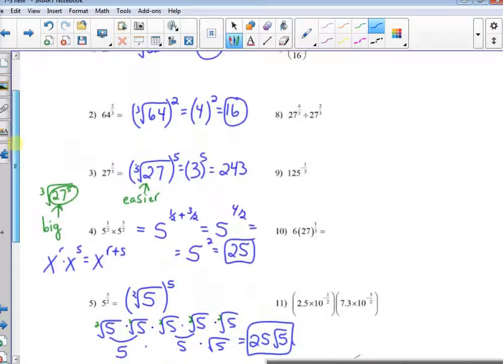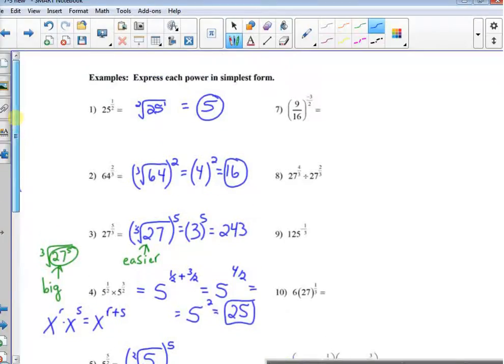Back up. Number 7. Now we have a negative exponent, so we have to remember the rule. If we have x over y to the negative n, that becomes y over x to the positive n. So that's the first thing I'm going to do, is make this 16 over 9 to the positive 3 over 2.